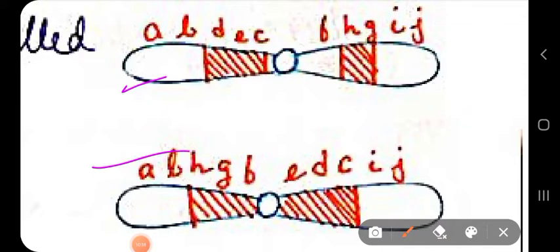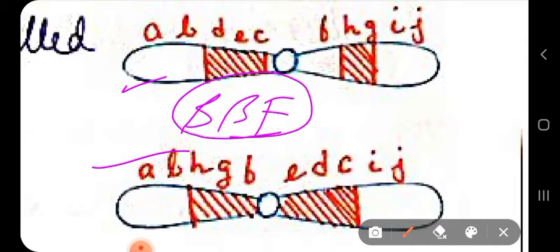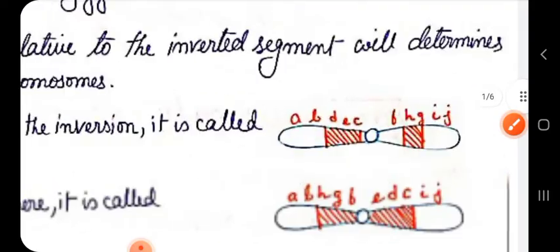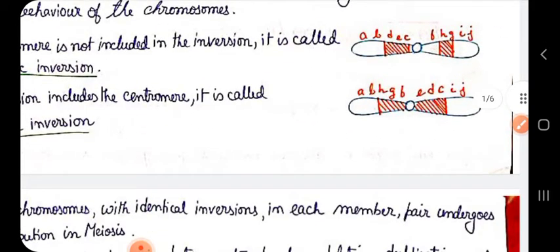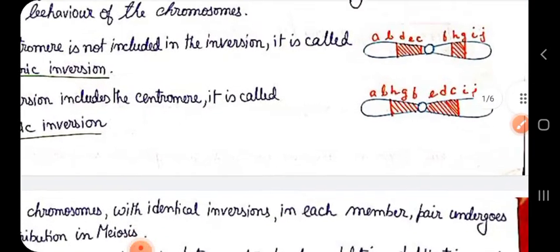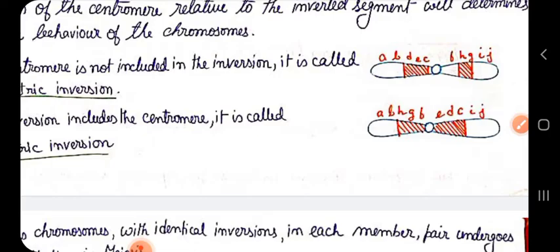Here also you will see some sort of bridge breakage fusion cycle that we have seen in case of duplications as well. So this was about your paracentric and pericentric inversion. I think you have understood this part.